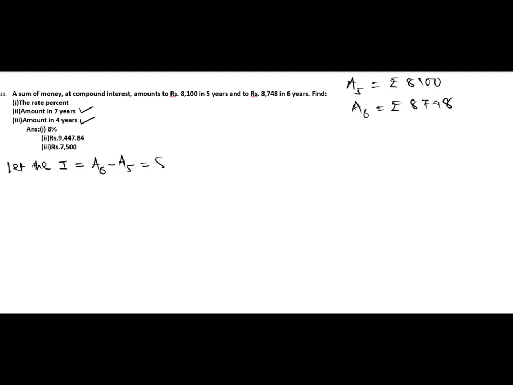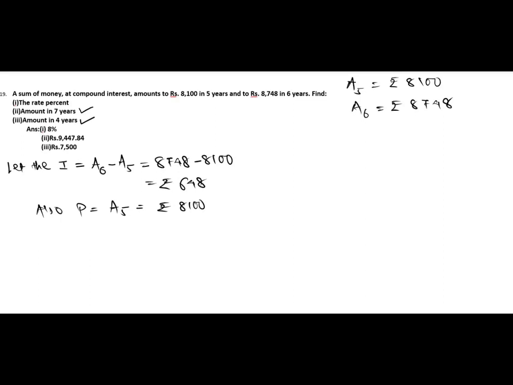That is 8748 minus 8100, that is rupees 648. This is the interest. Also, principal is equal to the amount of the previous year, 5th year, that is rupees 8,100.